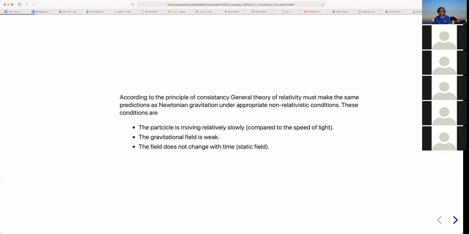And because of that, when we talk about Newtonian gravitation, we can assume that our gravitational field is somewhat weaker, right? And the other thing is the field does not change with time. And we call this a static field, right? Those are the three conditions that we are going to assume to derive Newton's equations from general theory of relativity, right?